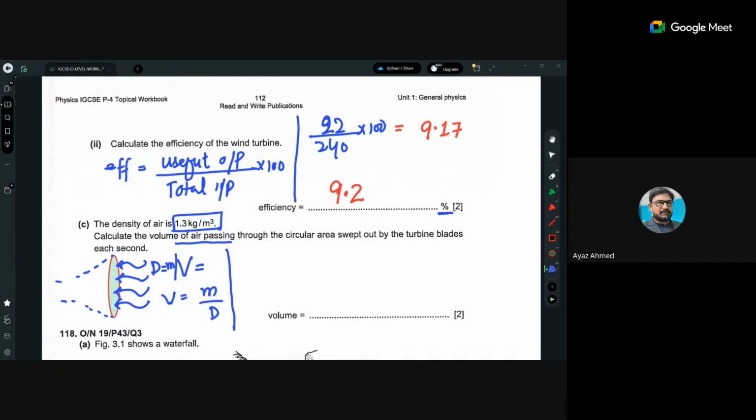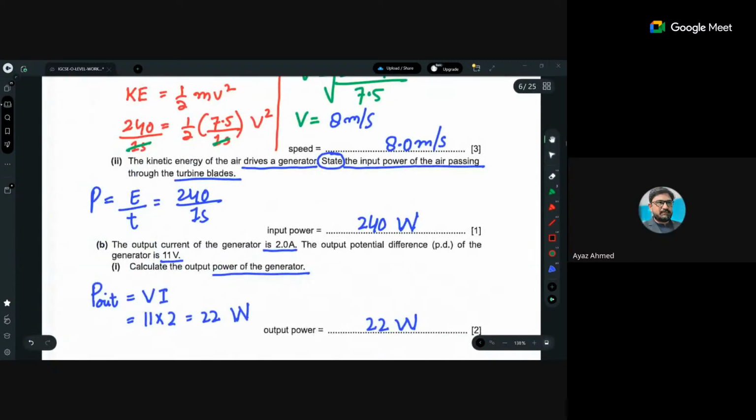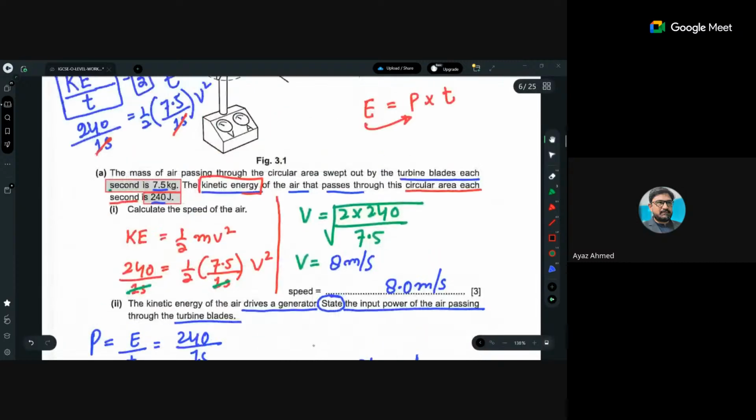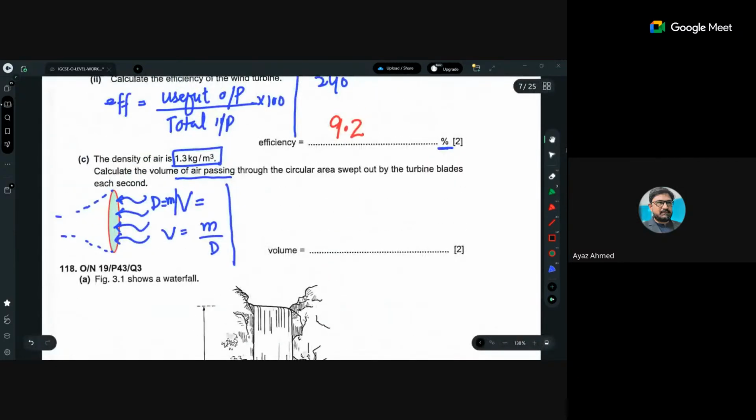Is it clear to you? Yes, sir. We will move to the mass entering in 1 second. That was 7.5 kg. You are using the information from part 1 right here. So 7.5 kg, and the density is 1.3 kg per cubic meter.